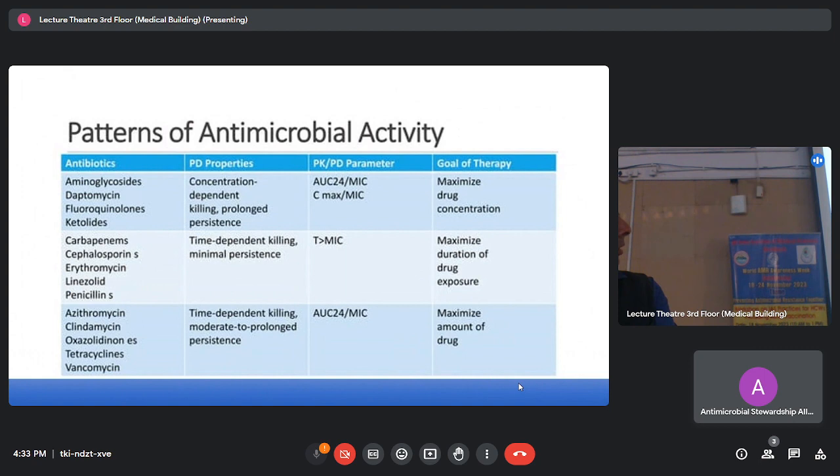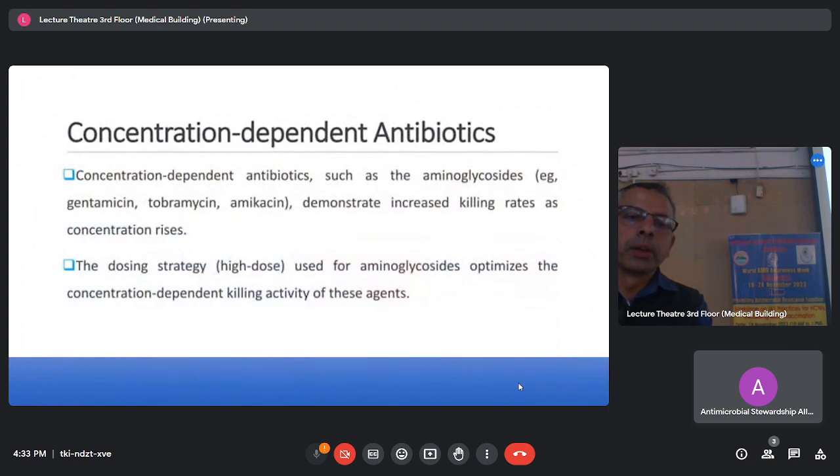For clindamycin and other drugs like vancomycin, it is maximizing the amount of drug. We use vancomycin quite commonly, and it falls practically in this category, where maximizing the amount of drug is relevant. It also has a narrow therapeutic index, so we need to be worried about these areas also.